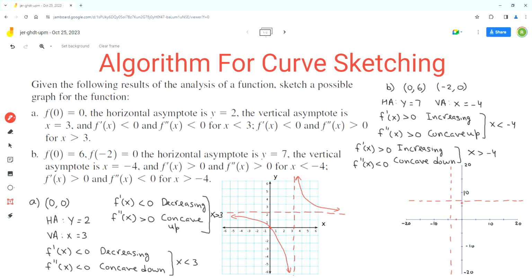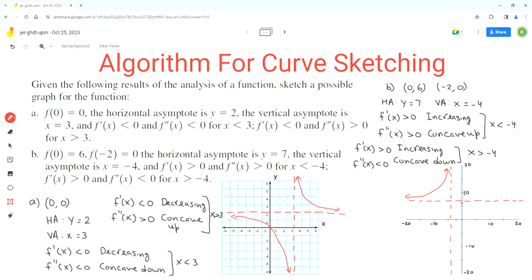So that means we have to show the curve in the top left quadrant made by the asymptotes. So we can show the curve increasing, so going up like this, and concave up. So the curve is making a smiley face.